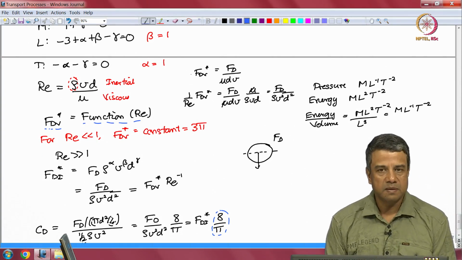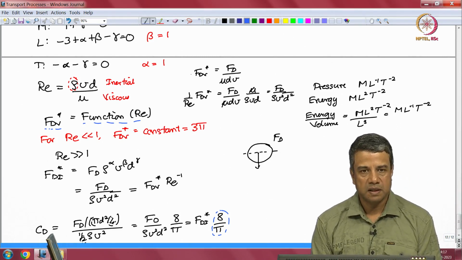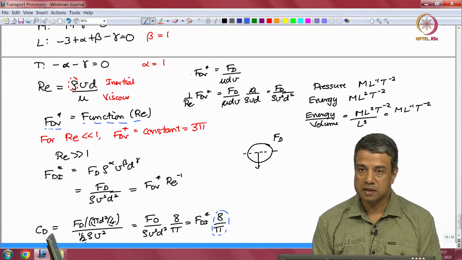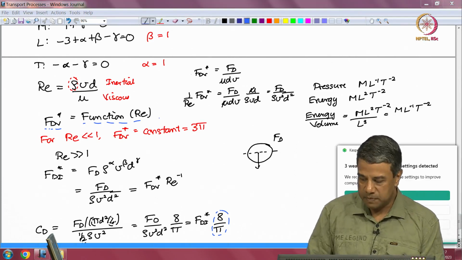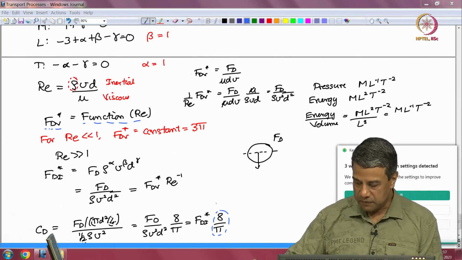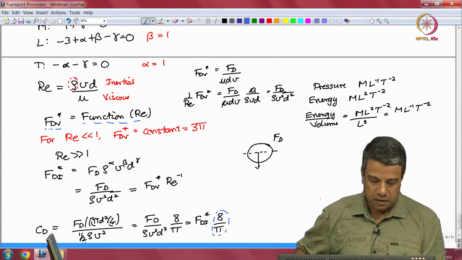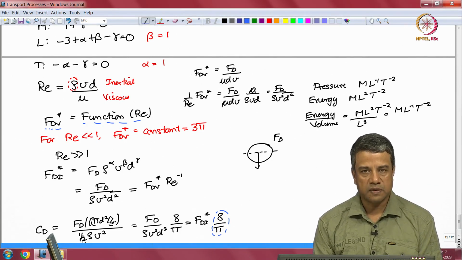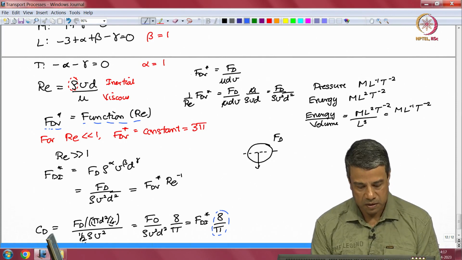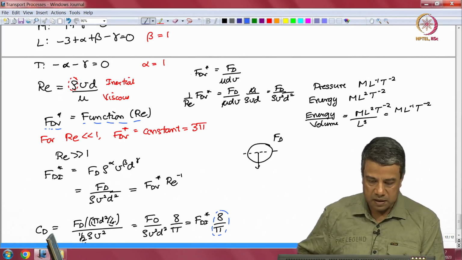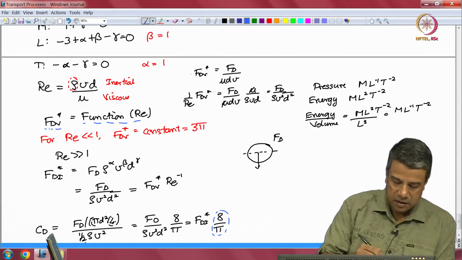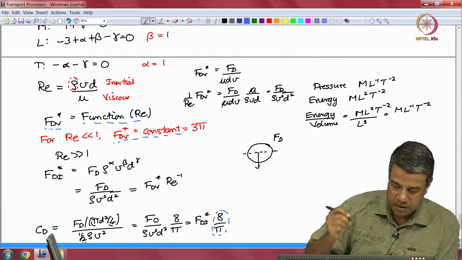And we could get simplifications in different limits. In the limit where the Reynolds number is very small, you would expect inertial effects to not be important. The density is no longer a parameter, and therefore, the drag force has to depend upon the viscosity alone. And in that case, there is only one possible dependence, and that is for this f d v star to be a constant.